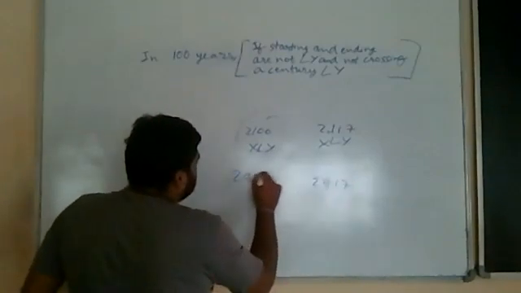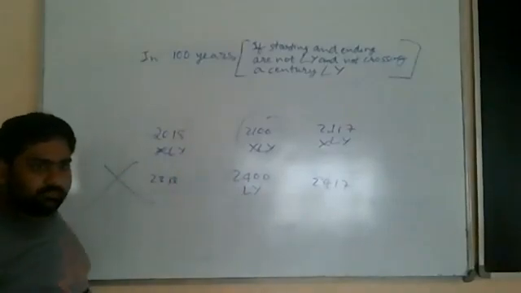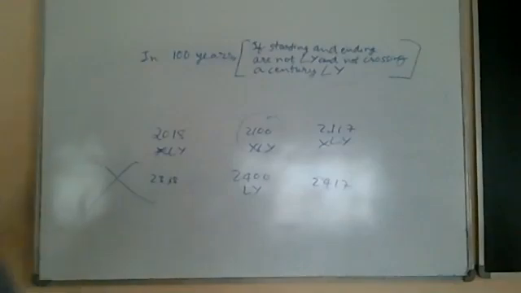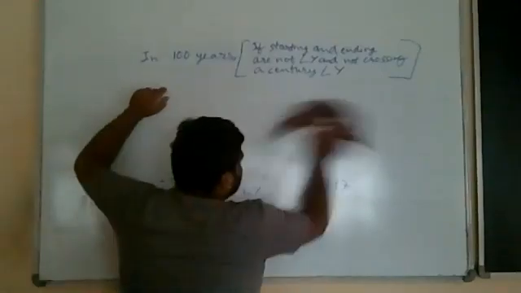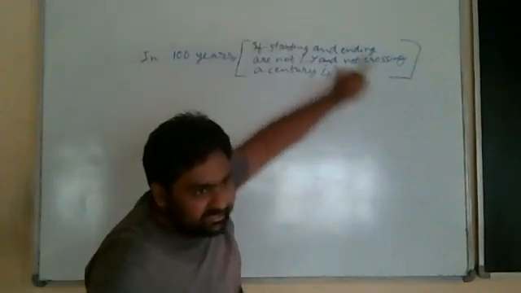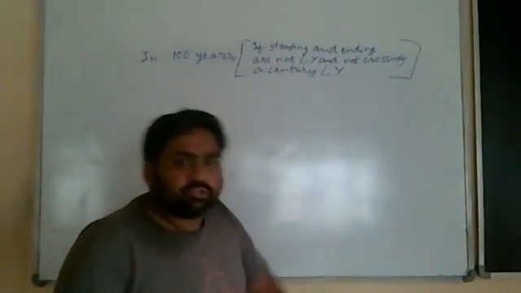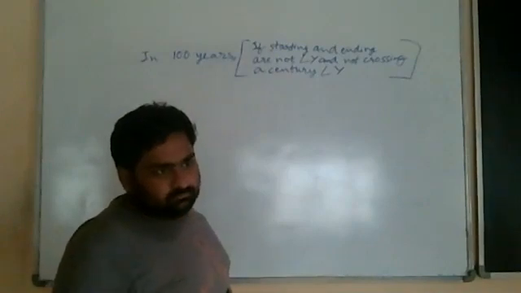In between there will be 2400 and this is a leap year. So this cannot be. Fine? Okay? 100 years in such a way that the starting year is not a leap year, the ending year is not a leap year, and in between there is a century year which is also not a leap year. Fine?